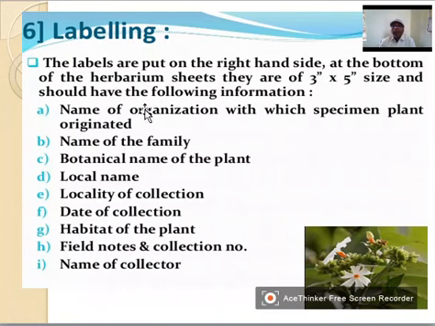Name of the organization with which the specimen plant originated. Next, name of the family, botanical name of the plant, local name, locality of collection, date of collection, habitat of the plant, field notes and collection number, name of the collector.